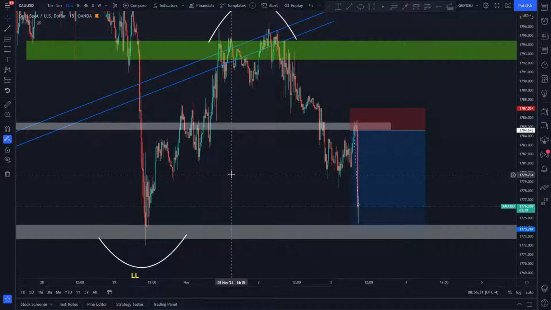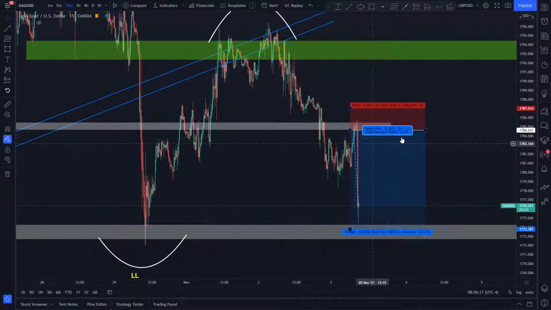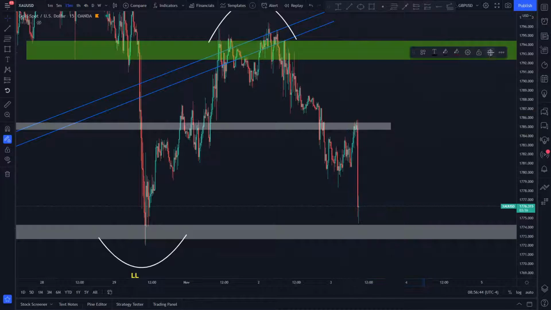So I only take next level zone, and if it's a breakout trade, I use my fib extension. I don't go by risk to reward, like okay, stop loss here, I'm going for 1 to 2, 1 to 1. No, I don't trade like that. I trade where the market is going.